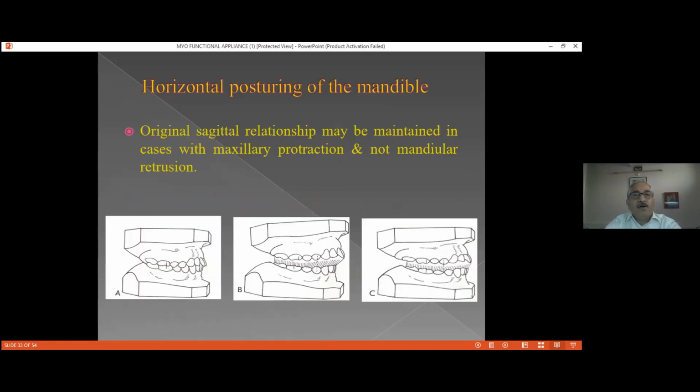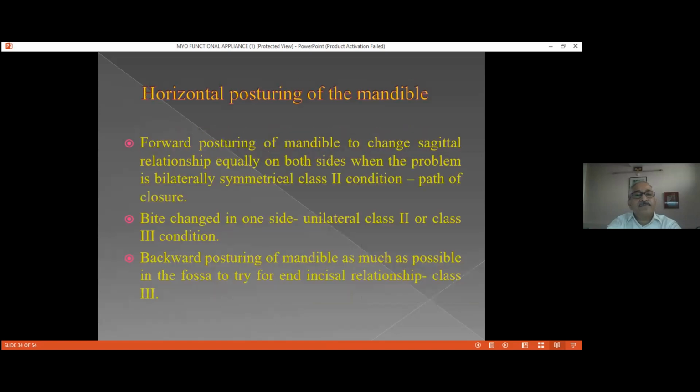Now, horizontal posturing of the mandible: the original sagittal relationship may be maintained in a case with maxillary protraction and not mandibular retrusion. Horizontal posturing of the mandible is the forward posturing of the mandible to change the sagittal relationship equally on both sides when the problem is bilaterally symmetrical.